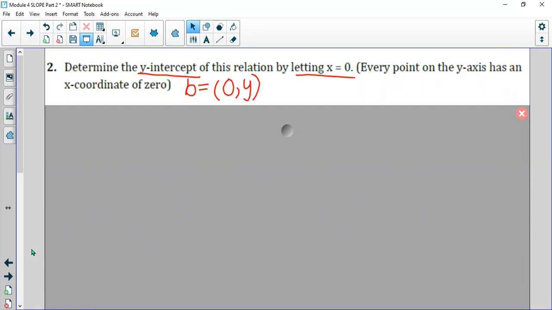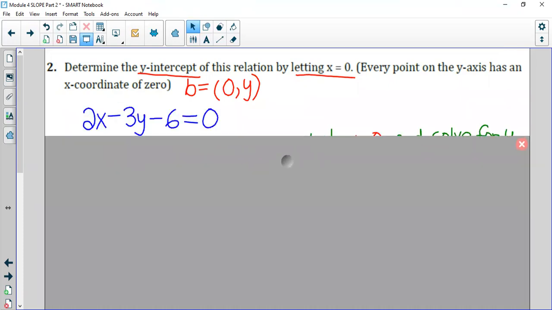So in order to solve for b, because y-intercepts always have an x-coordinate of 0, we are substituting and letting x equal 0. This is the equation that we've been given. I'm going to start by letting x equal 0 because I'm trying to figure out my y-intercept.